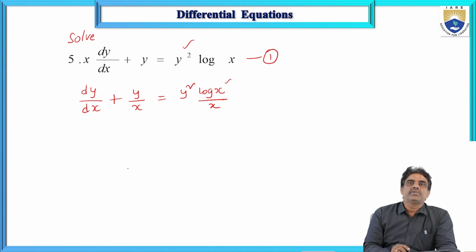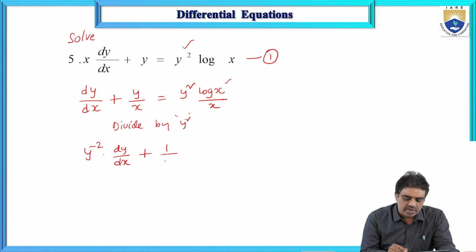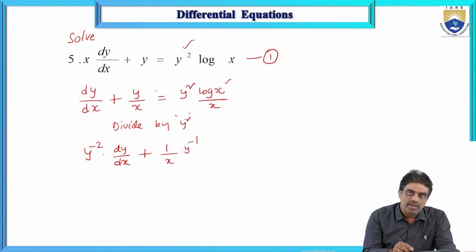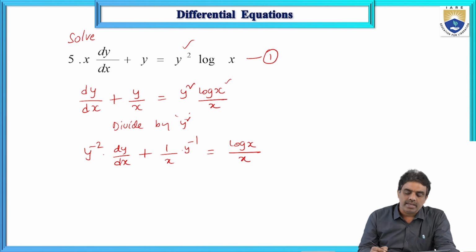So we divide by y square throughout the equation. Then y power minus 2 dy by dx plus 1 by x, y power minus 1, is equal to log x by x, with y square eliminated. So the right side will become a pure function of x.